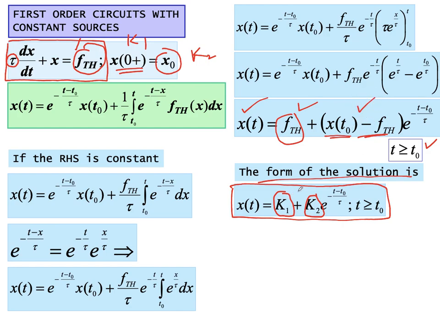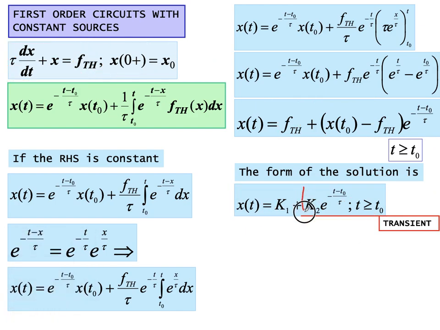So you just need to find out the values of k1, k2 and tau to find out the solution x of t, which is the solution of this ordinary differential equation. In all cases, you are required to find out these three variables to find the solution of any ordinary differential equation.